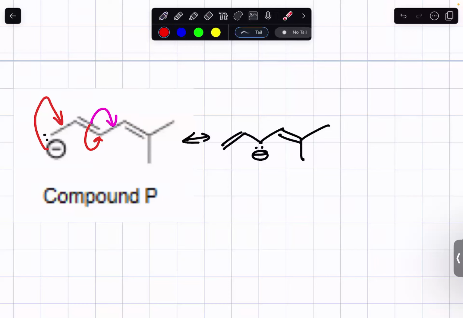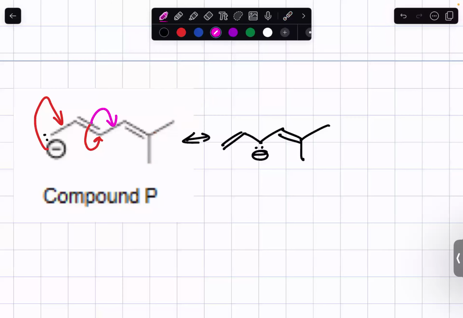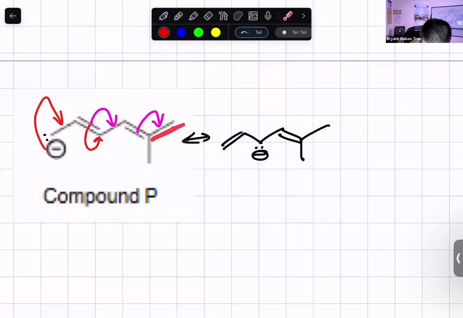I think the carbon at the end. This one, or this one right here? The one at the very end, not the bottom one, but the top-ish one. Oh, like this one right here? Yeah. Wait. So, are you saying make a double bond right here like that?